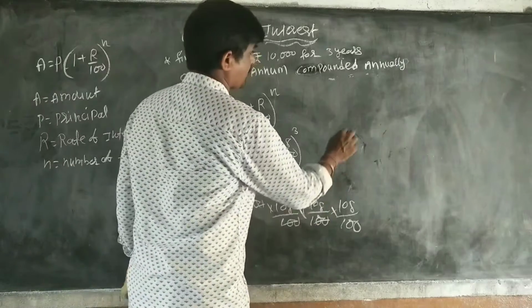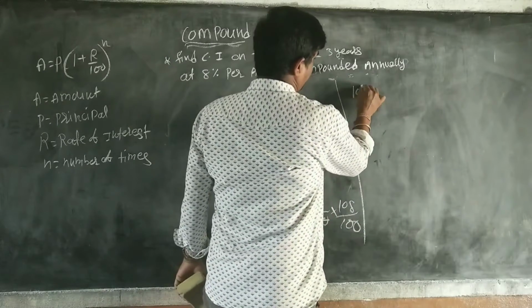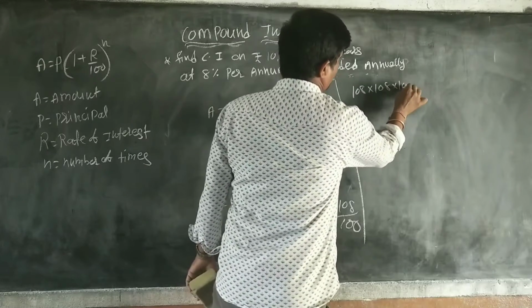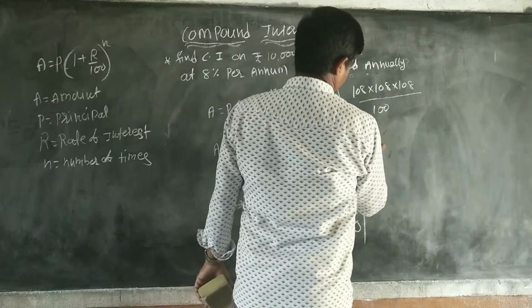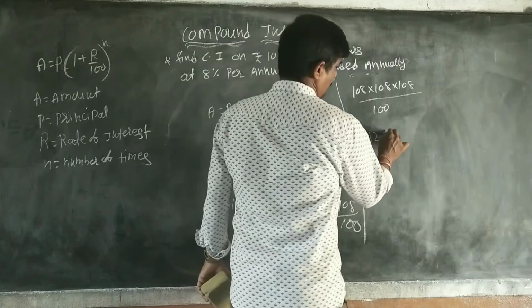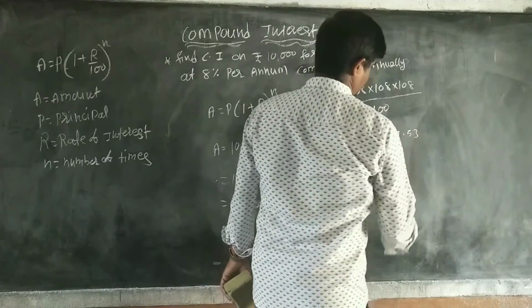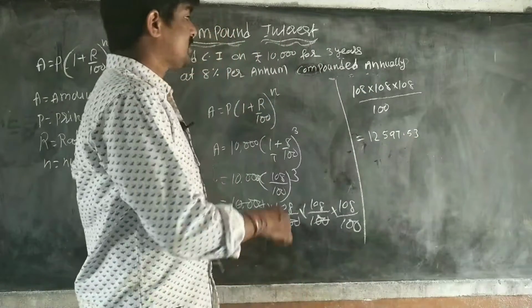So only 108 into 108 into 108 divided by 100. Simplify, you are getting 12,597.53 approximately. So we are taking 12,597. This is the amount.